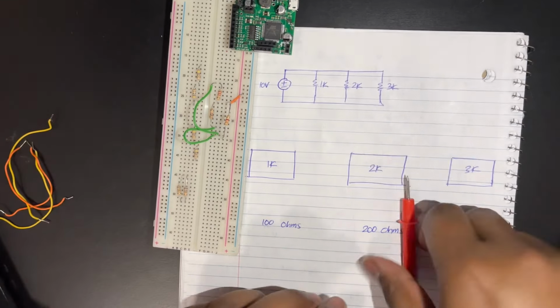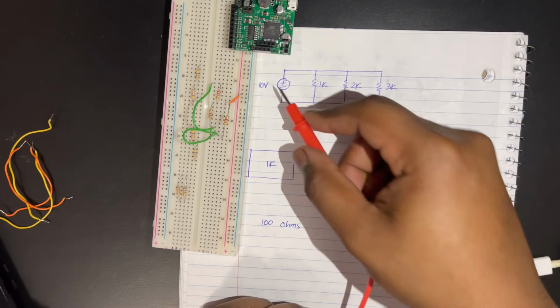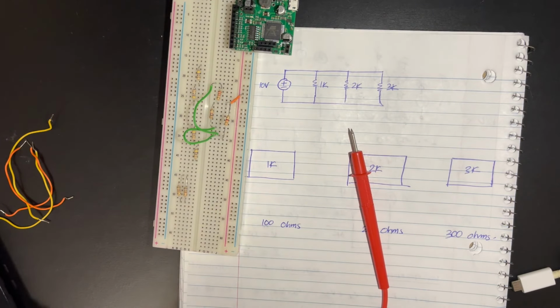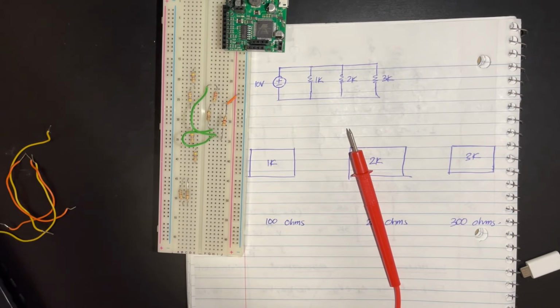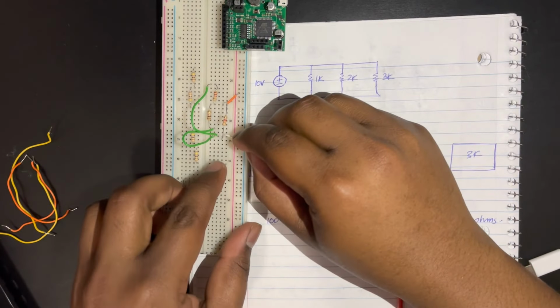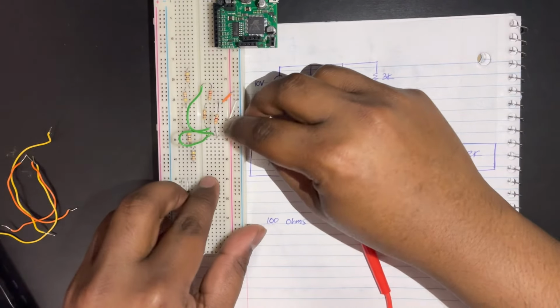So now all the nodes are connected, and that means this entire circuit, I connected this, now I have to connect this. So I will have to connect just this end with this end.